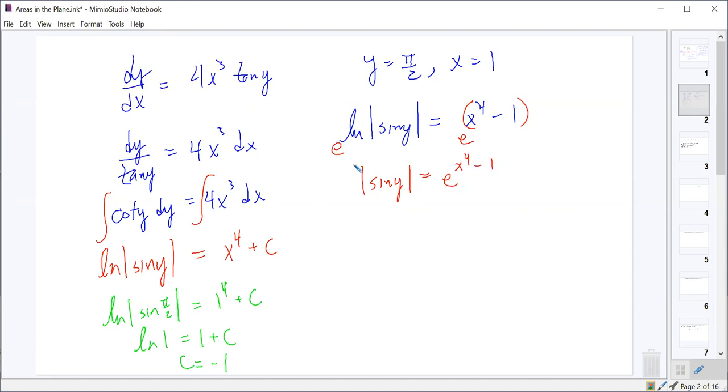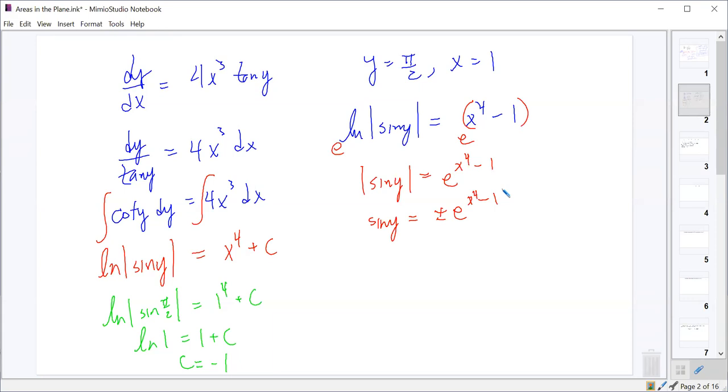And then we can clear off the absolute value and pick the appropriate plus or minus over here. So initially that would give us sine y equals plus or minus e to the x to the 4th minus 1.